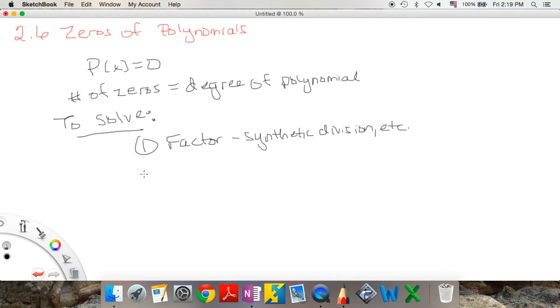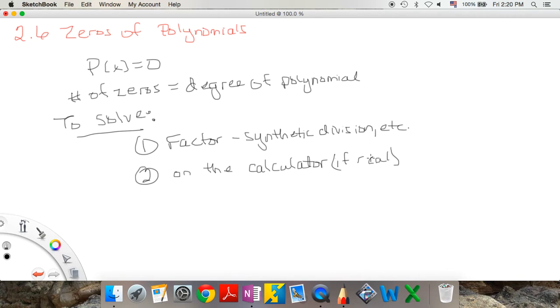We also talked about completing the square with the quadratics. So the quadratic is kind of a sub case because it's a little bit easier. And then the other way you can do that is on the calculator if it's real. And the calculator can also give you a place to start with the synthetic division.